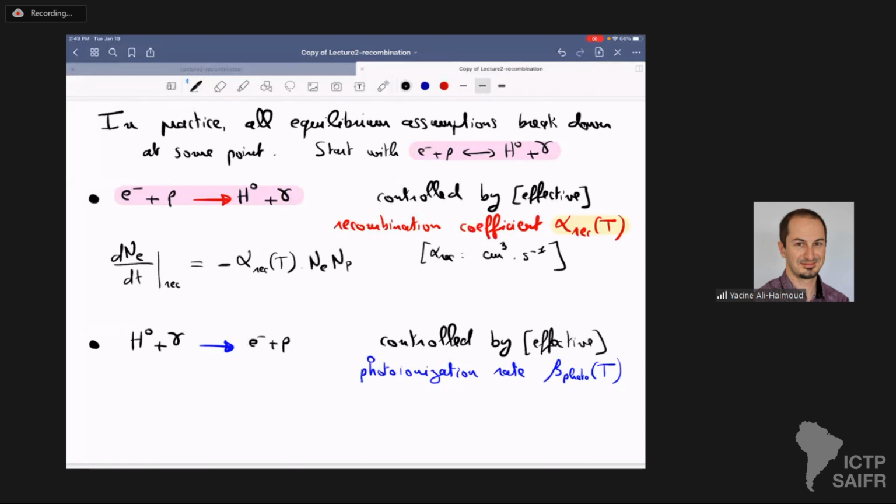So you see that with these units, indeed, the left-hand side has the correct units. So this is the definition of this recombination coefficient.